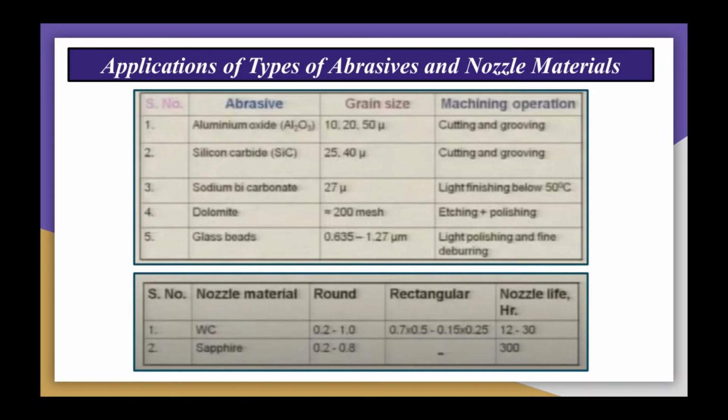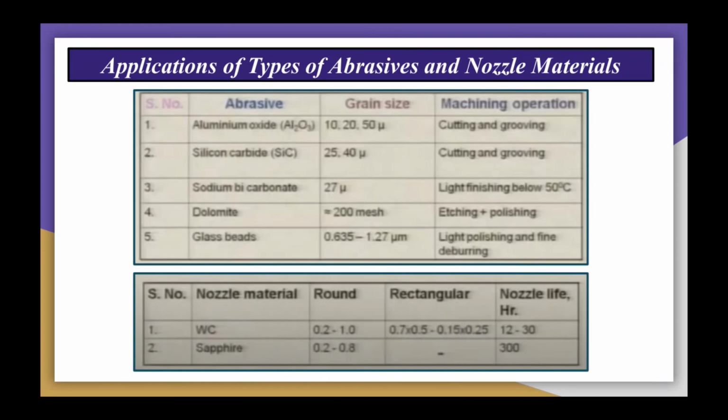Two commonly known materials for making nozzles are tungsten carbide, WC, and sapphire. If they are round, then the diameter is somewhere 0.2 to 1 mm, and in case of tungsten carbide 0.2 to 0.8. In case of sapphire, it can be rectangular also, in which case the cross section varies 0.7 to 0.5 and 0.15 to 0.25.